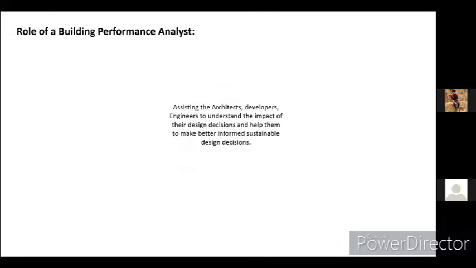So what is my role in the company? It's more of assisting architects, developers, and engineers to understand what kind of impact their design decision is going to be. So I can help them to make better design decisions if they know what they are going to do or what kind of situations they are going to lead to based on their design.